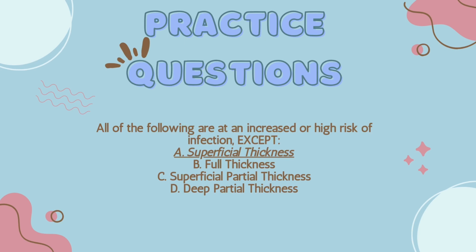Whereas full thickness, superficial partial thickness, and deep partial thickness burns break into that epidermis, dermis, fat, it could go all the way down. So you are at a higher risk for infection once you break that epidermis. That's it. Our skin is amazing and it protects us from a lot. So that's why the answer is A.